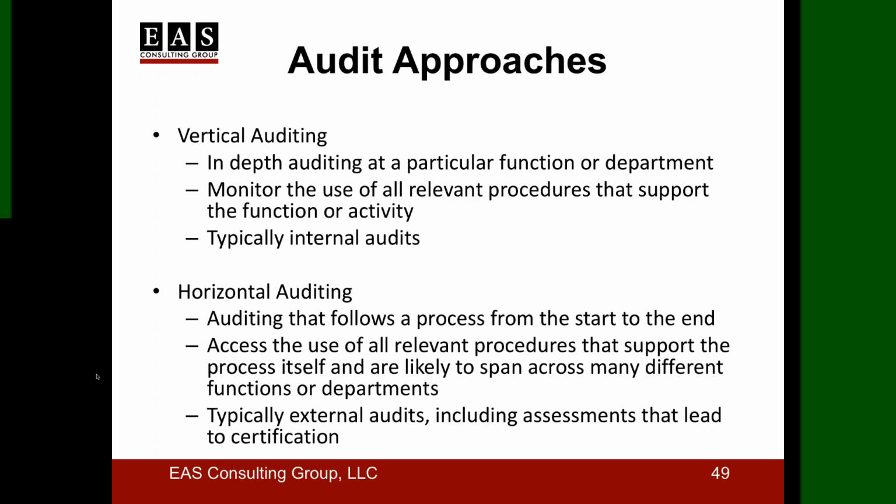And usually the vertical auditing is one that is internal, and it's really looking at a certain type of function or department, such as design controls, the CAPA system, or manufacturing, or it can even get into CNC machining for process X. So it could be a very in-depth type of auditing, really deep down, looking at one or more areas or departments or functions. So it's looking at all those different type of procedures that support that.